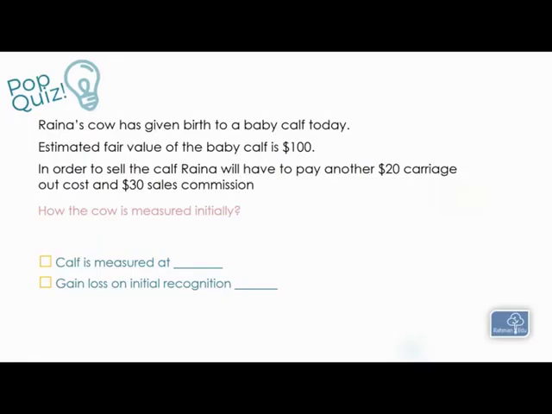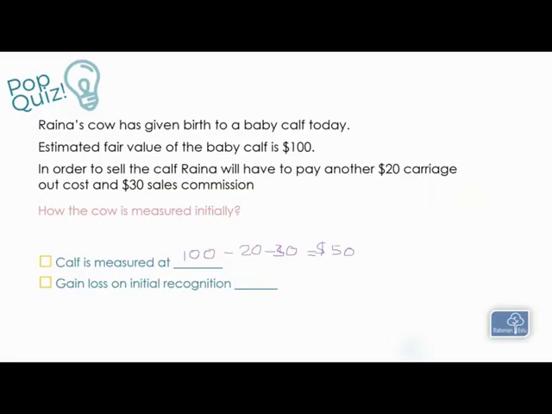Once again, the calf is measured at fair value less cost to sell. You can sell the calf for $100, so take $100 first, and then there are costs to sell: carriage out, you need to take it to the market, and you need to pay sales commission. So the net figure is going to be $50. Is there any gain or loss on initial recognition?